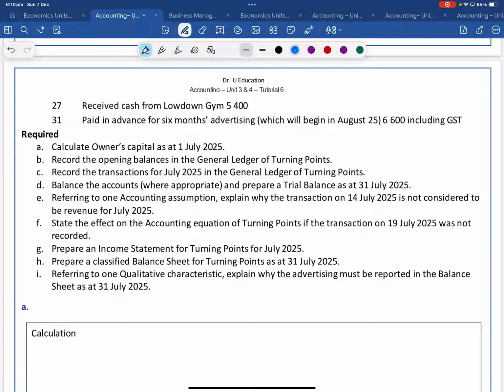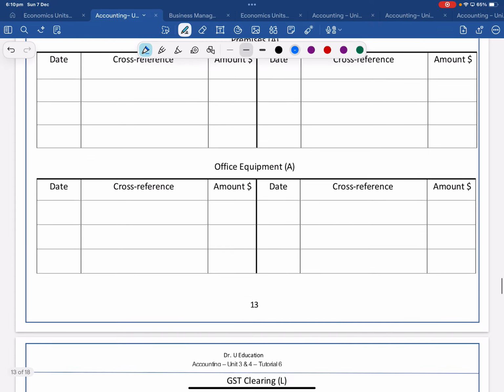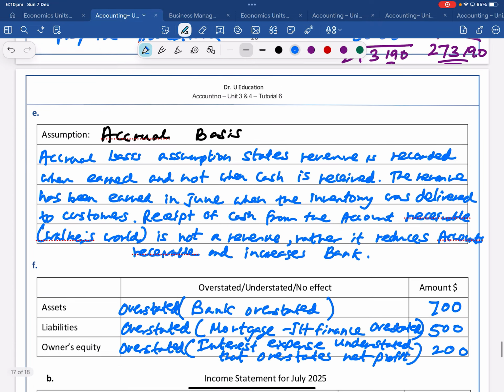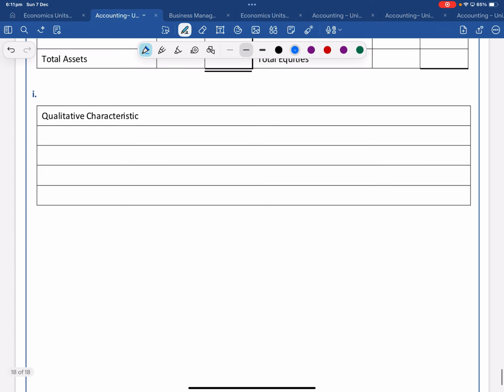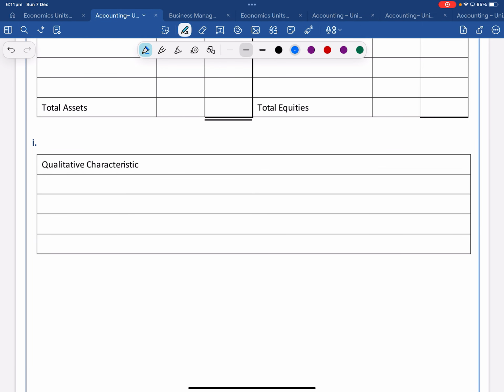What is the future economic benefit? The advertising service. Okay, so we'll write it, guys.